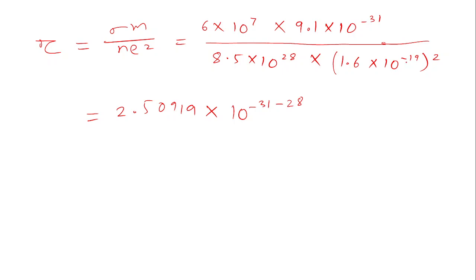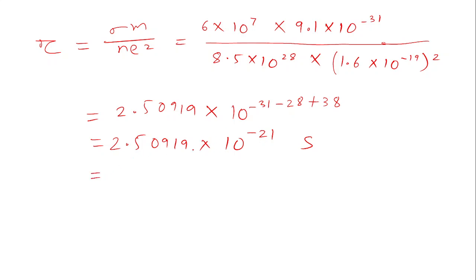This will be 10 to the power minus 38 because the square is there, and when it goes to the numerator it will be plus 38. So the final answer will be 10 to the power minus 31 minus 28 plus 38, so it will be minus 21, and since it's relaxation time, it will be in seconds.